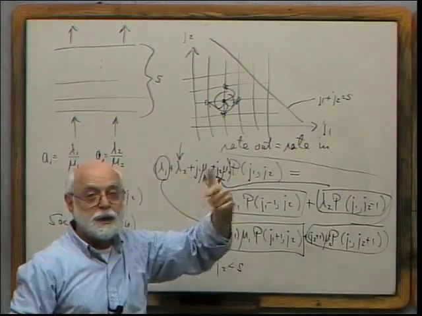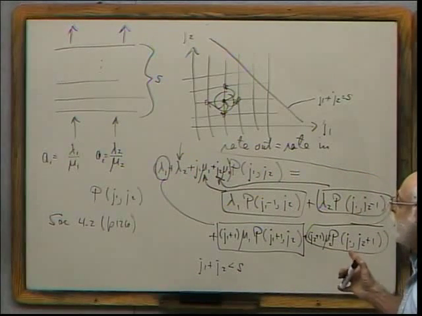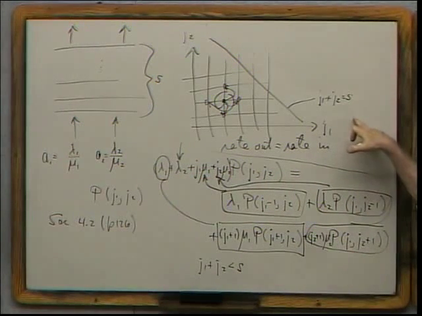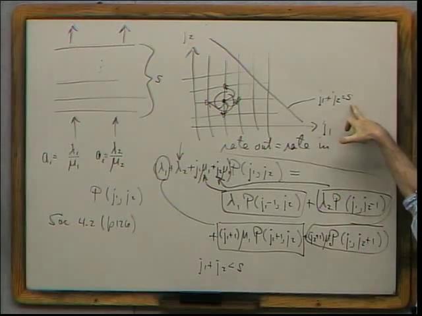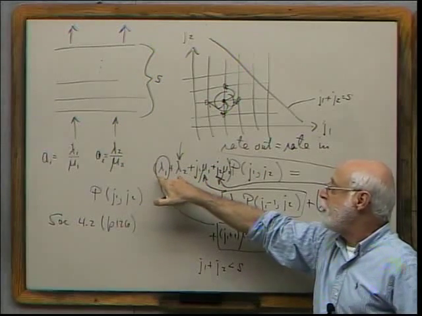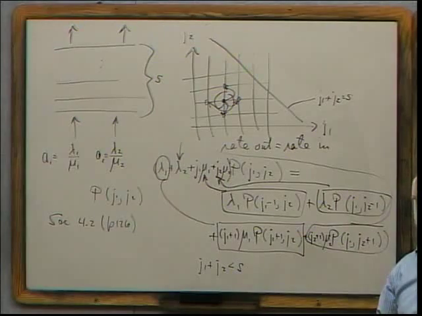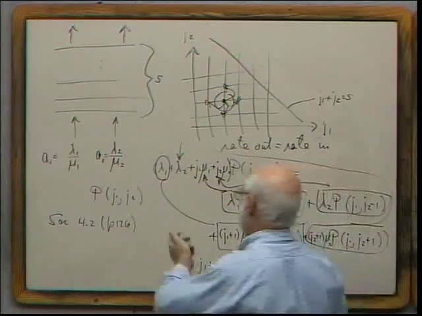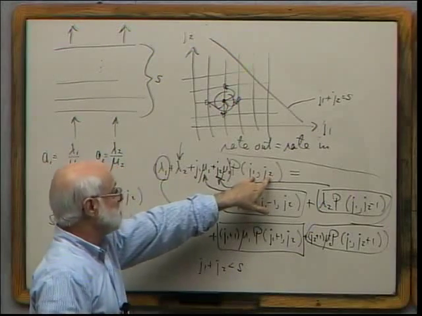So you'll see that when I write the equations, and I'll do this again next time, for the case in which I'm on the boundary, this term and this term are not going to be in there because they represent transitions that are not allowed. So there is no rate up from this state if J1 plus J2 adds up to S, because there's no room for anything. He goes away.